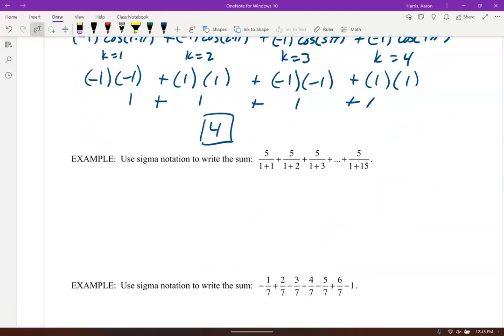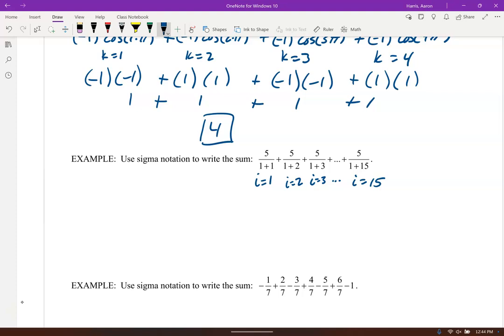Let's go backwards now. So here we're given a series. And when I say series, meaning it's all being added together, right? We were expanding the series before. Here we're adding it up. So what would the formula be? So if i is 1, i would be 2 here, i would be 3, ... i would be 15 there.